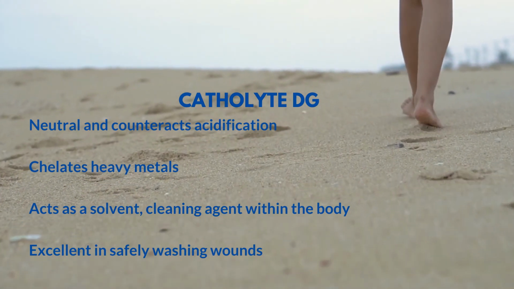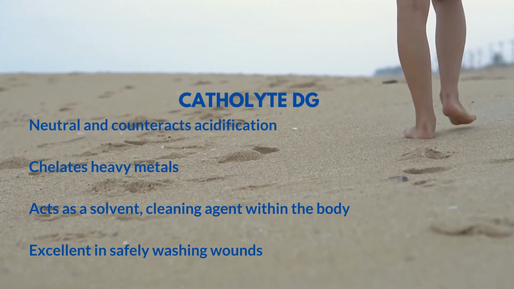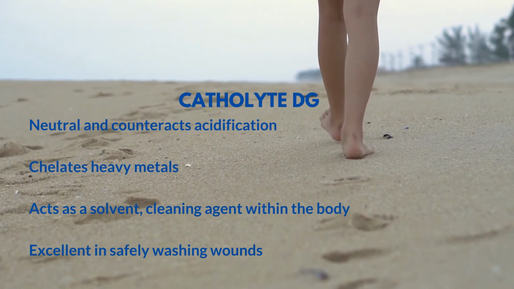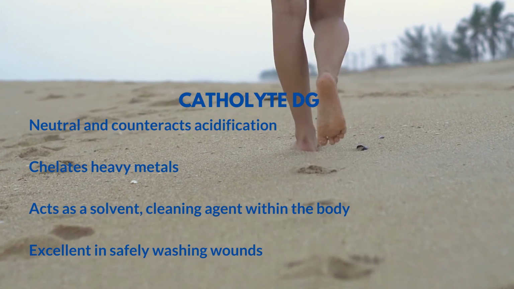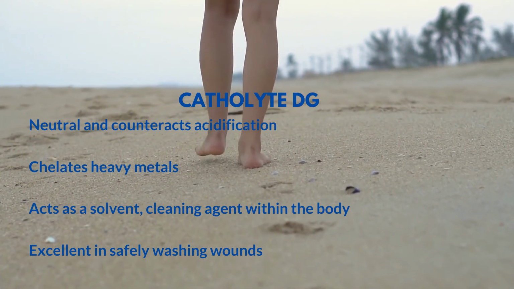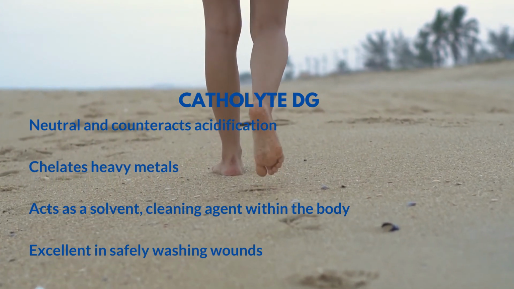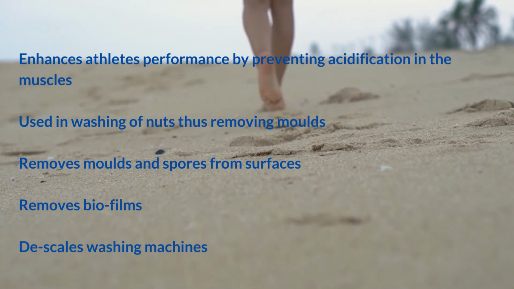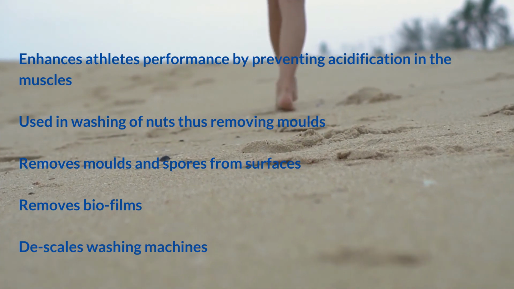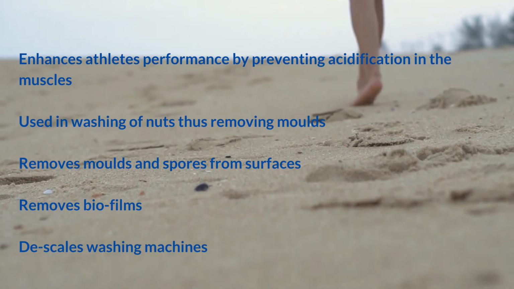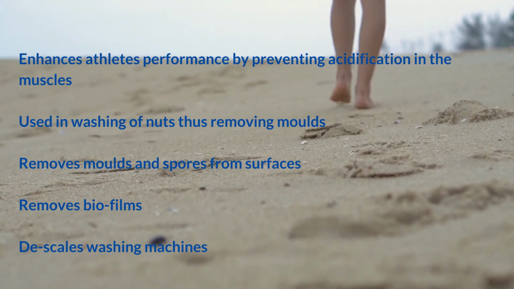Catholite, when used, creates an ability to penetrate this barrier, which then allows chelation of heavy metals to be done correctly and properly from a cellular level. Absolutely amazing. It acts as a solvent and a cleaning agent within the body as well. It's excellent in itself for washing out and flushing wounds.